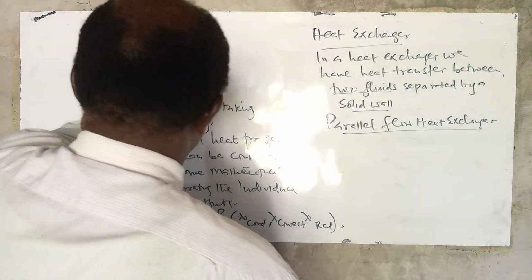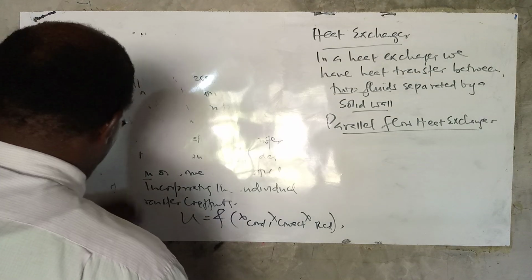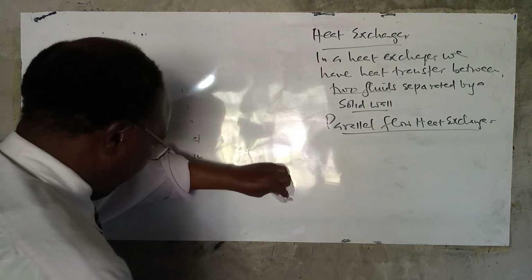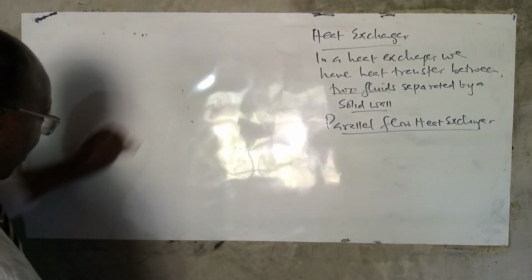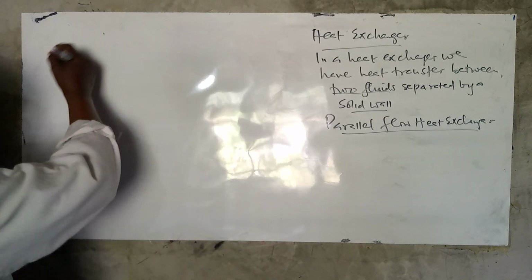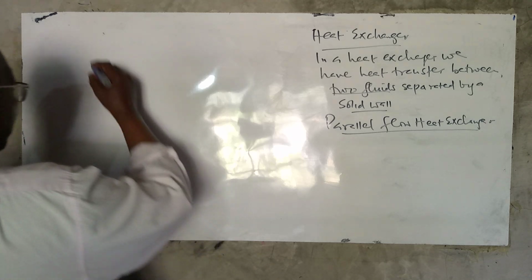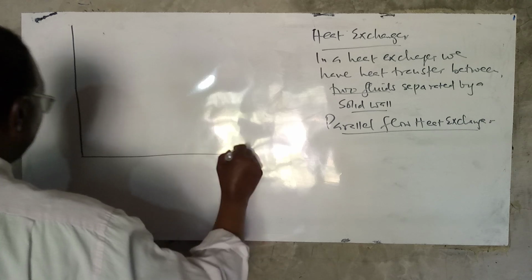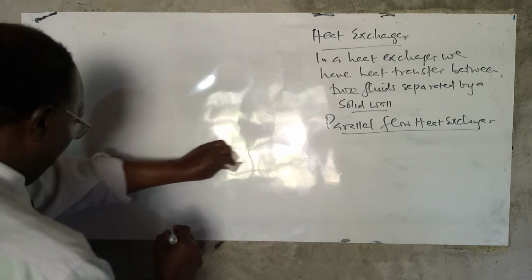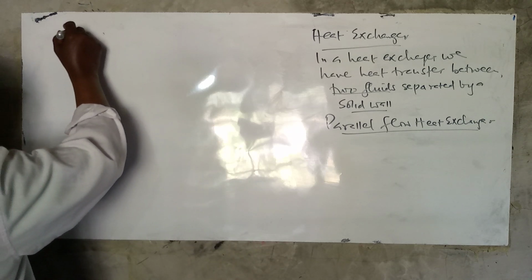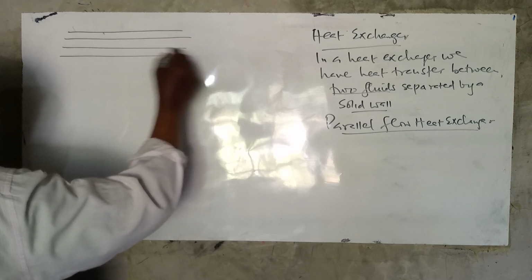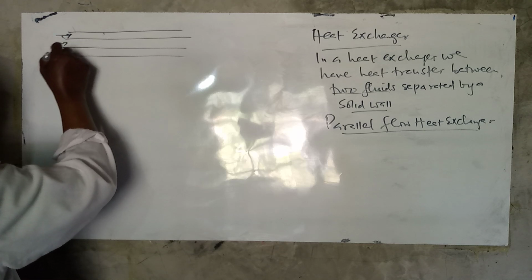Let us draw a schematic of it. Here's our parallel flow heat exchanger. The flow is parallel. You just mark that. The flow is parallel.